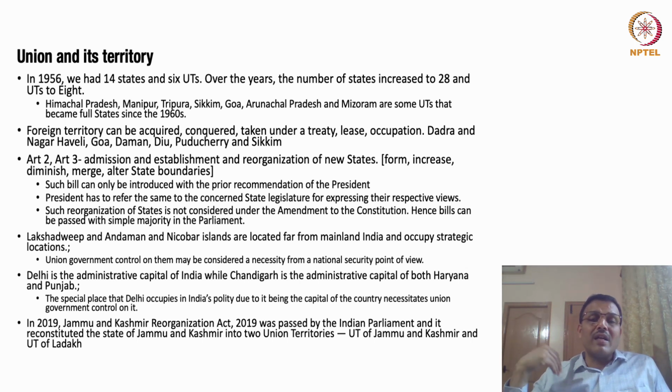However, I think in Sikkim again there was a popular protest and a movement against the king and the princely rule, and India was forced to get into Sikkim and try to hold a referendum on whether the people of Sikkim would want to join India.